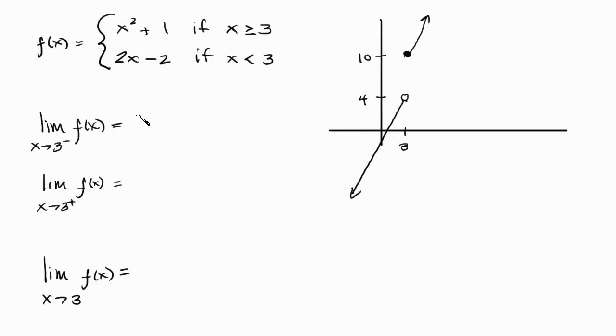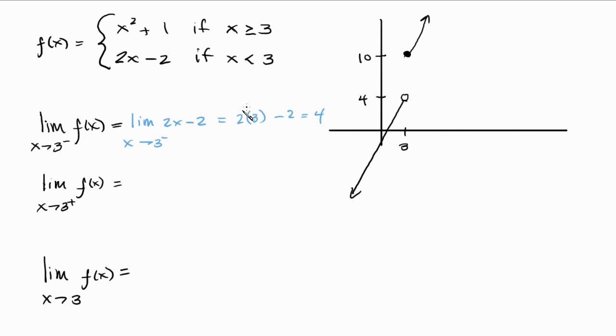So the limit of 2x minus 2 as x approaches 3 from the left is equal to, well, we can plug that in. You're going to plug in the 3 into the 2x minus 2. So it's 2 times 3 minus 2, and that's equal to 6 minus 2, which is 4.